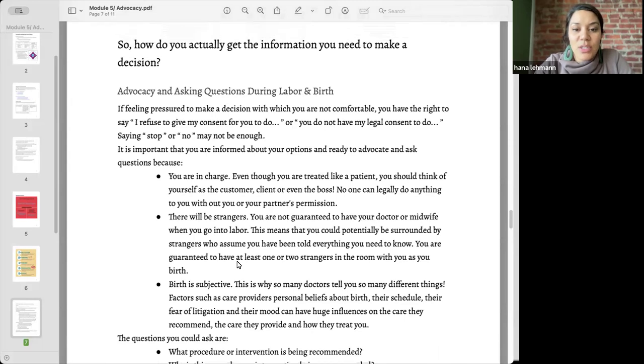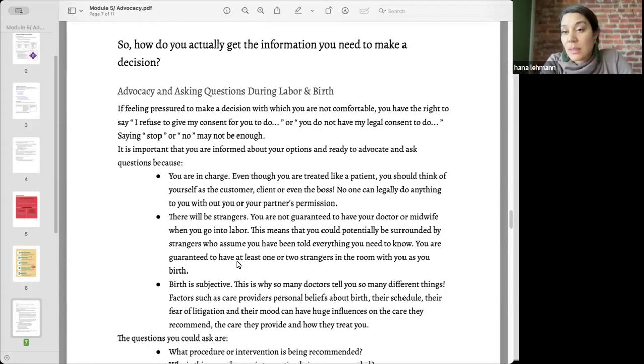The last thing on this page that I want to point out is that you might have to teach your clients a little bit about advocacy, right? If they're feeling pressured to make a decision and they're not feeling comfortable, they have the right to say, I refuse to give my consent for you to do X, right? Or, you do not have my legal consent to do X. Saying stop or no may not be enough, right?